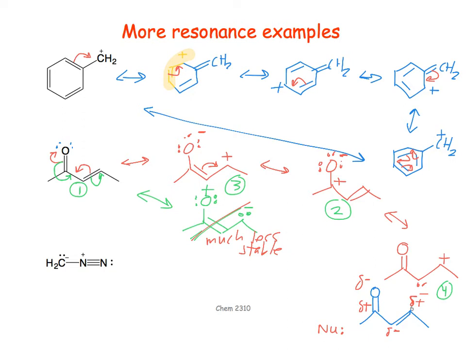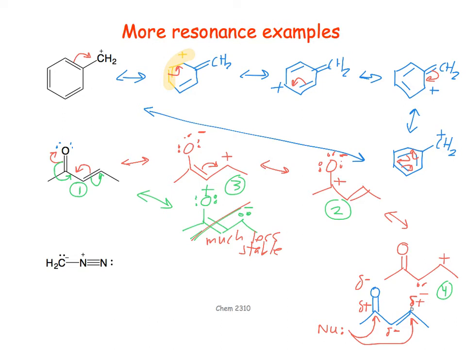So where would the nucleophile react with this system right here? It could react at the two positions where there's plus, right? Minus and plus come together. So this could potentially react at this position or at this position. Okay? So just by this resonance, we can start to predict reactivities already.